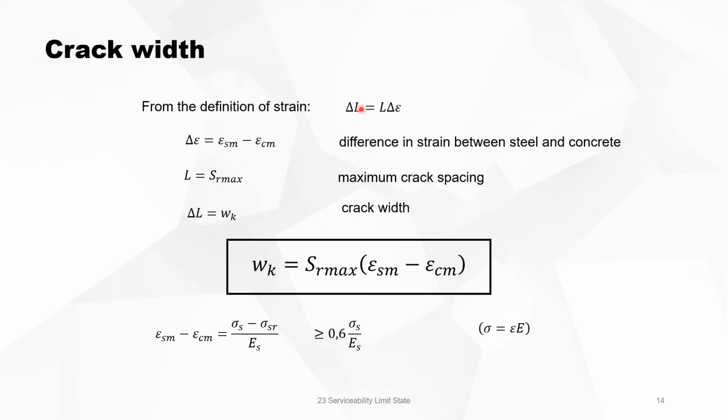So if we put it in this general formula, we have our formula for crack width calculation, which is the characteristic value of the maximum allowable crack width equals the maximum crack spacing times the difference in strain between steel and concrete. The difference in strain is of course equal to the difference in stresses, and there is a lower limit to it, which is 0.6 times sigma s divided by Es.